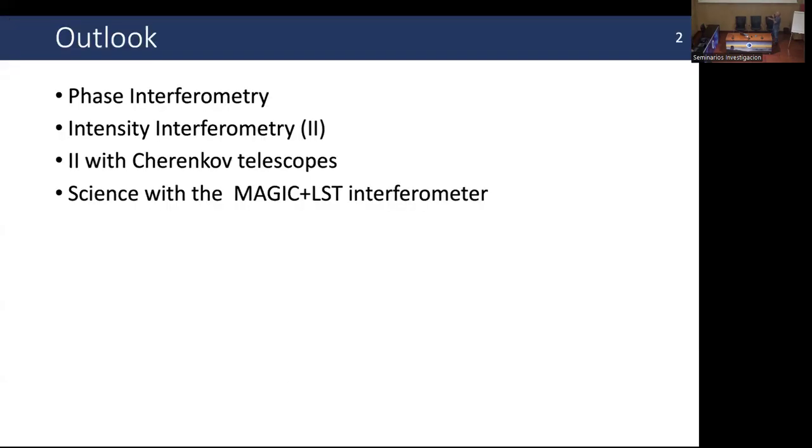Yeah, so this is the outline of my talk. I'll be giving a short introduction to interferometry, phase interferometry, and then what's the difference with intensity interferometry, which is the one we are using in Cherenkov telescopes.